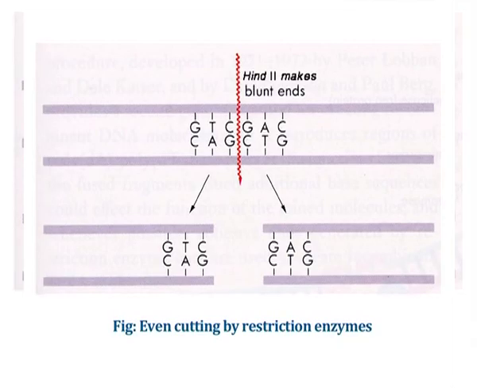Some restriction endonucleases produce blunt ends as they cleave both the strands of the DNA molecule at the same site. We also call it an even cut. An example is the even cutting of DNA molecules at the restriction sites by HindII producing blunt ends.